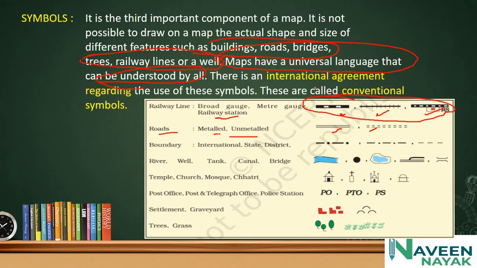These are called conventional symbols: railway lines, roads, boundaries, rivers, wells, tanks, canal, bridges, temple, church, mosque, chhatri, post office, post and telegraph office, police station, settlement, graveyard, trees, grasses. You can see here the various symbols we use in maps.